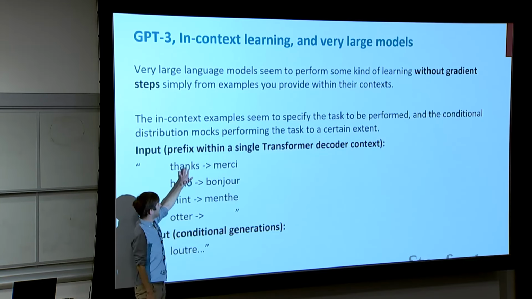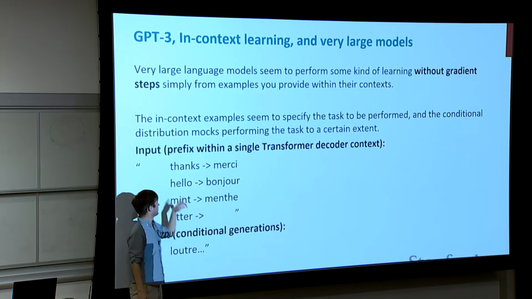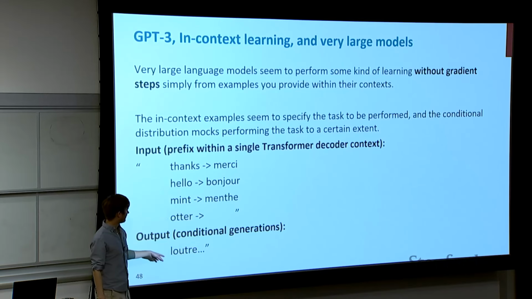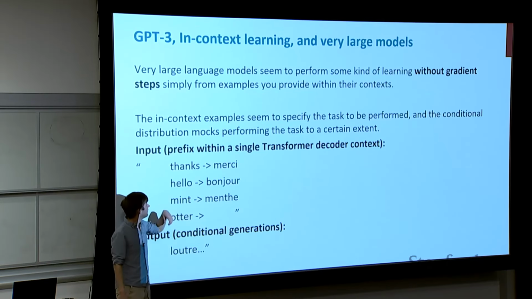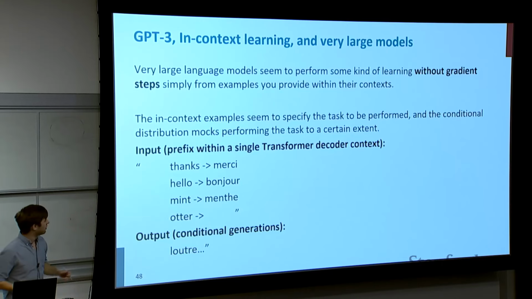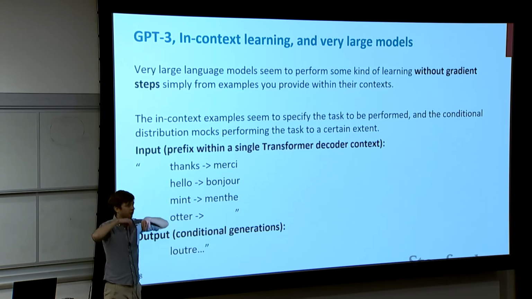So you've got the word thanks, and I pass in this little arrow and say, okay, thanks goes to merci, and then hello goes to bonjour, and I give it all of these examples and ask it what otter should go to, and it's learned to continue the pattern and say that this is the translation of otter.